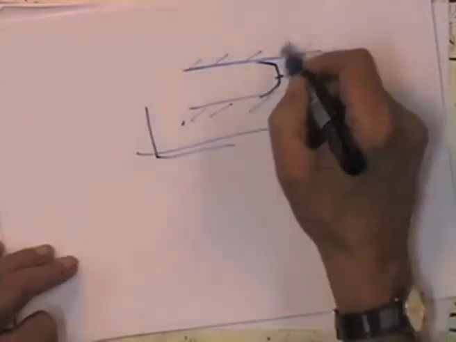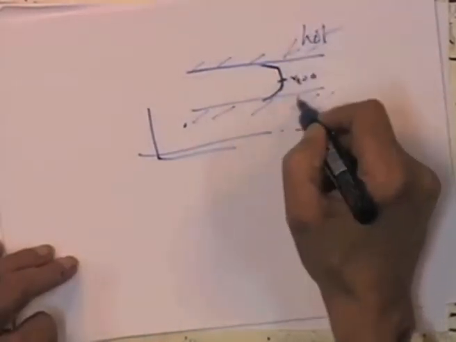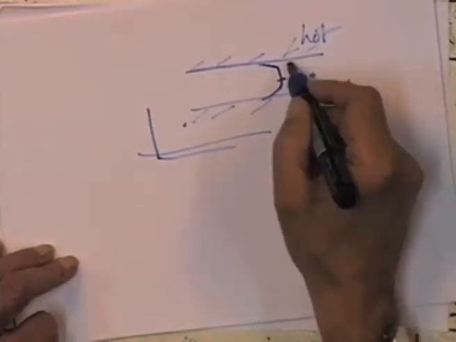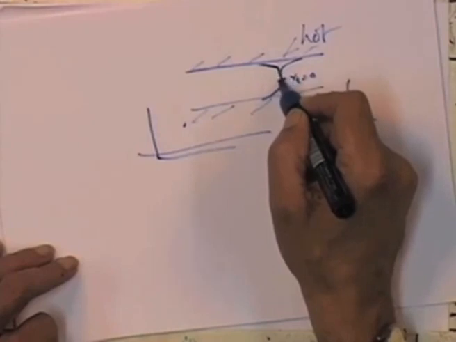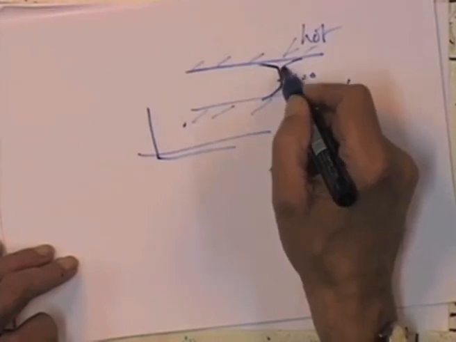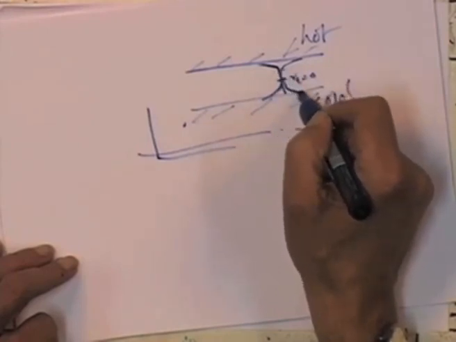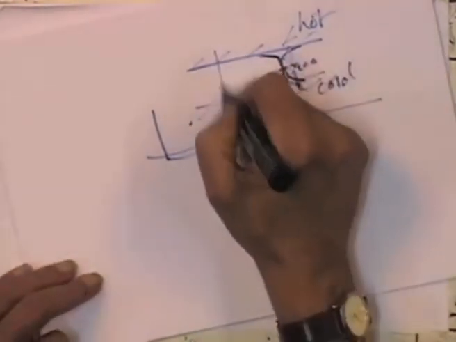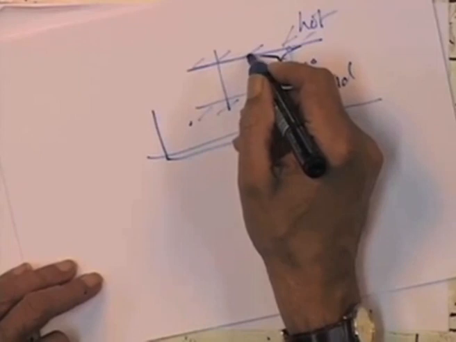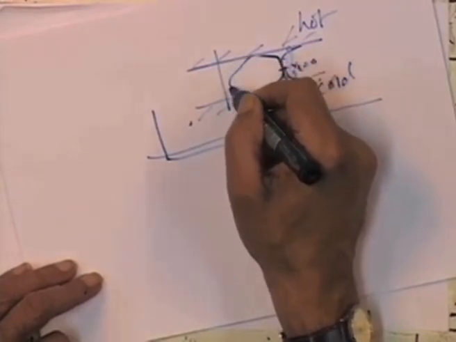But now, let us say this is hot and this is cold. So, we expect the temperature profile to be something of this type. Sorry, not like this, the temperature profile to be something of this type.